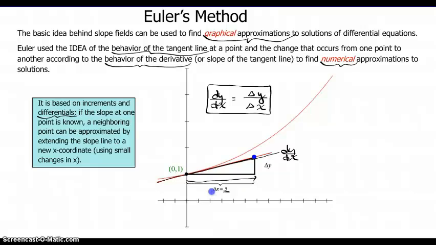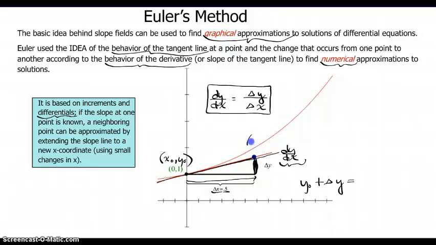And I can use that information and the derivative information to find the corresponding change that happens in the y coordinate. So if I know the initial, and initial is x naught, y naught, if I know the initial y value, then all I've got to do is add to the change in y, and that will give me the new y coordinate.